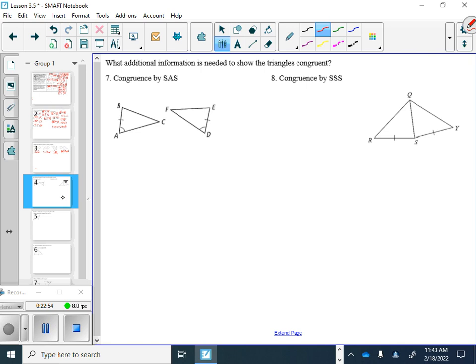Alright, so for number 7, I want to show that these triangles are congruent by side, angle, side. So I need to figure out that missing piece that would help me. I've got a side, I've got an angle, I'm missing another side, right? Which 2 sides are going to help me see that these 2 triangles are congruent by side, angle, side?